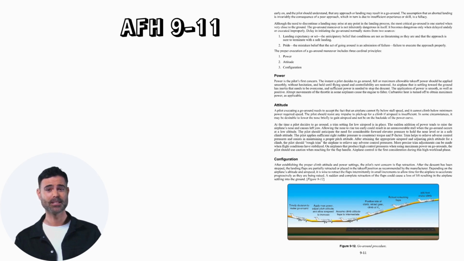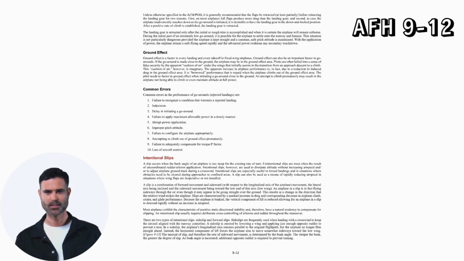Depending on the airplane's altitude and airspeed, it is wise to retract the flaps intermittently in small increments to allow time for the airplane to accelerate progressively as they are being raised. A sudden and complete retraction of the flaps could cause a loss of lift, resulting in the airplane settling into the ground.